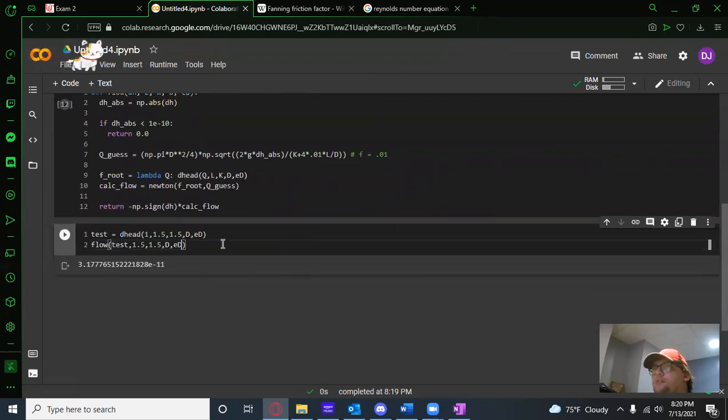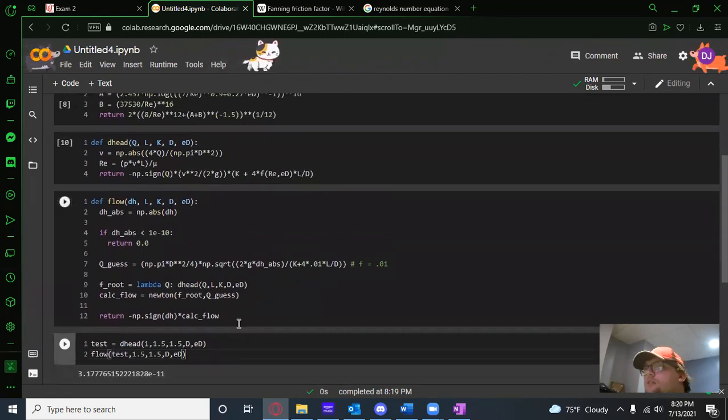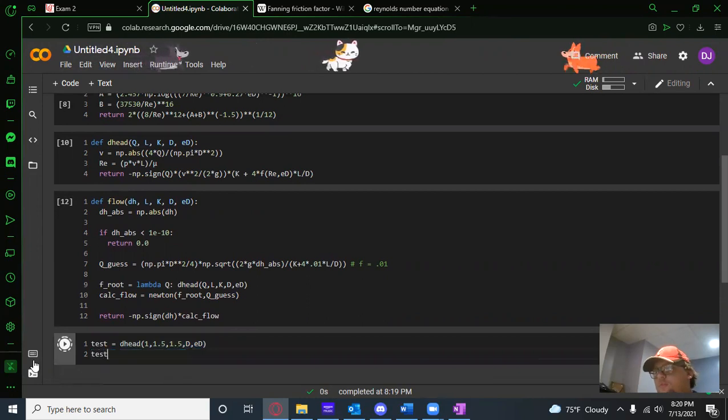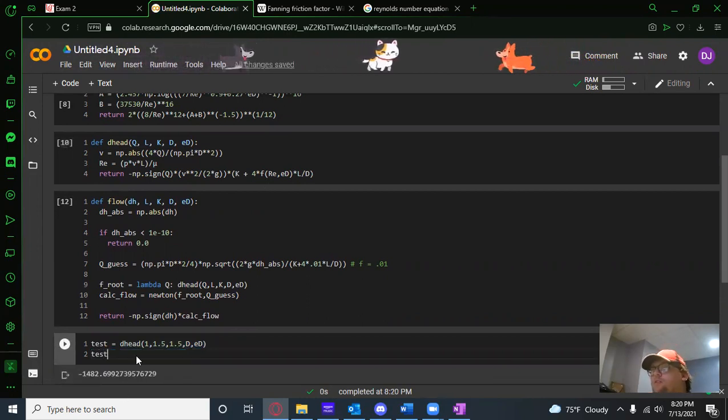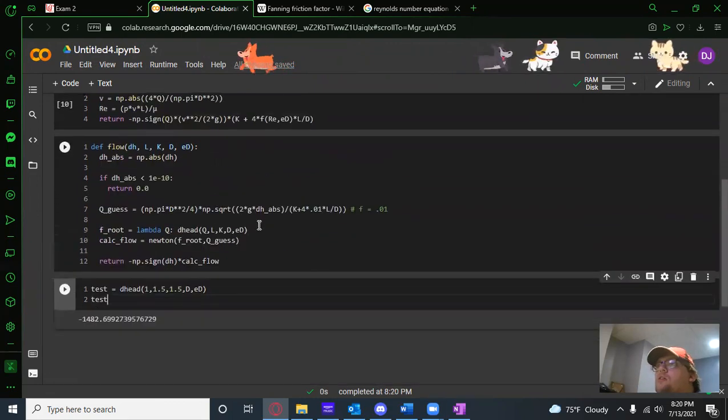Okay. So let me look at this real quick. What should be happening is we should be getting our Q value, so this should be returning about 1.